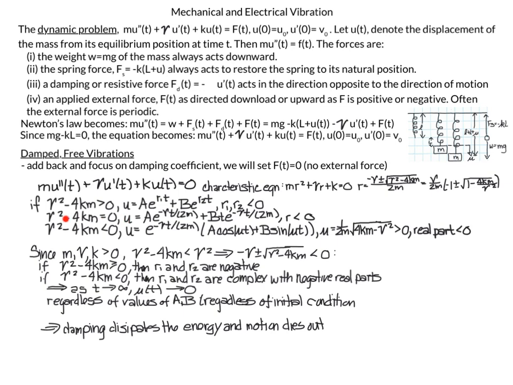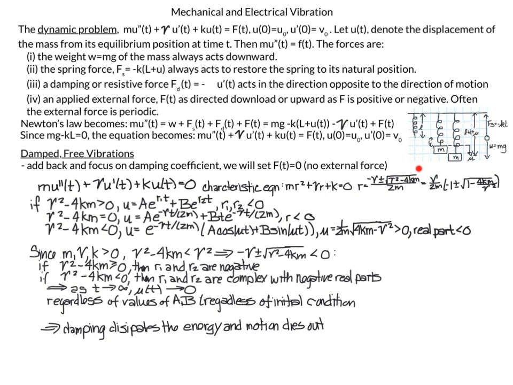So we're going to have a e to the minus gamma t over 2m plus b t e to the minus gamma t over 2m. And again, because m, gamma, and k are all positive, our roots over here are negative. So we have an exponential decay here, and we have an exponential decay paired with some linear increase.